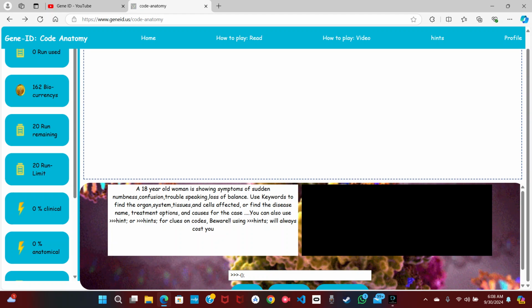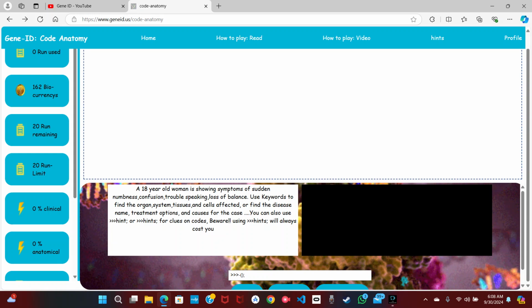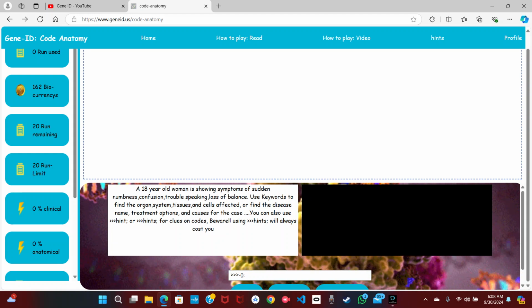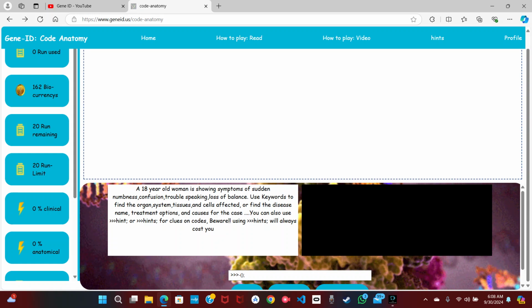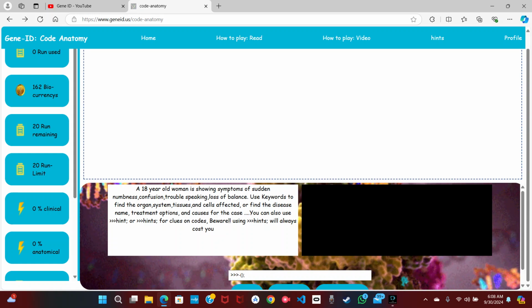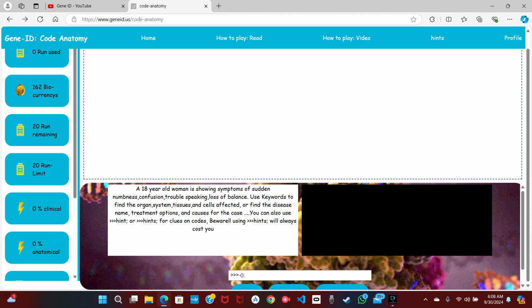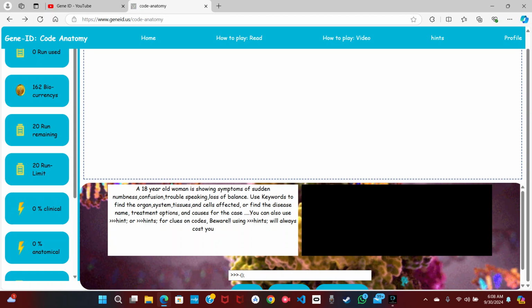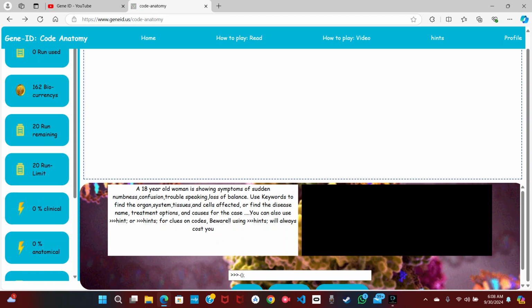But now we are trying to go for the clinical side. So we are trying to find the disease, name, treatment options, and causes for the case. So that's what we are looking for. Again, we are trying to solve this case in a clinical format. You can also use hints for clues or codes. Beware, using hints will always cost you.